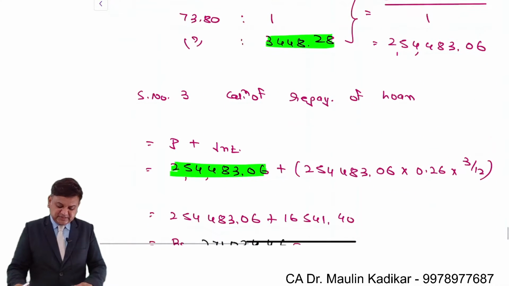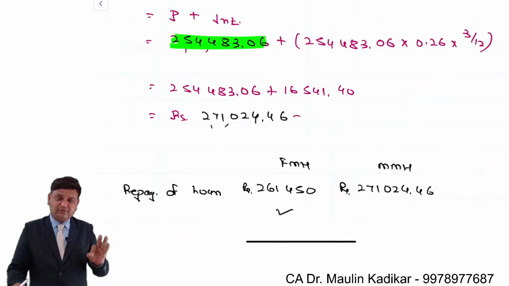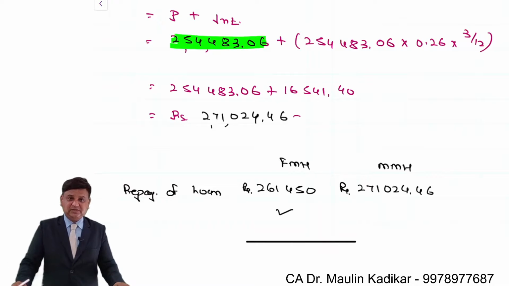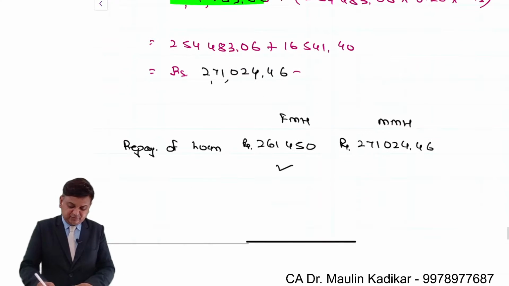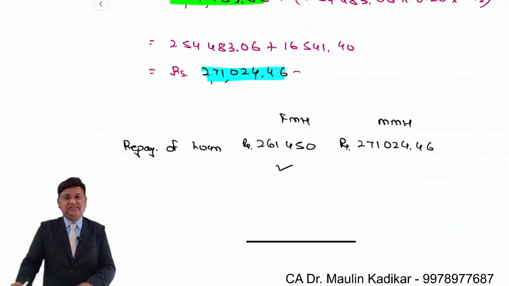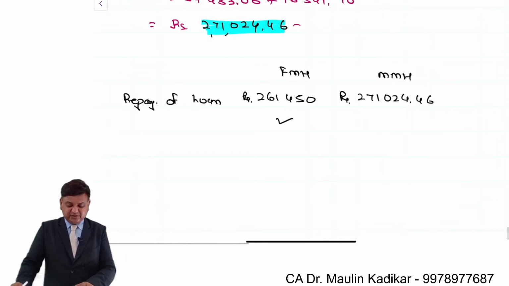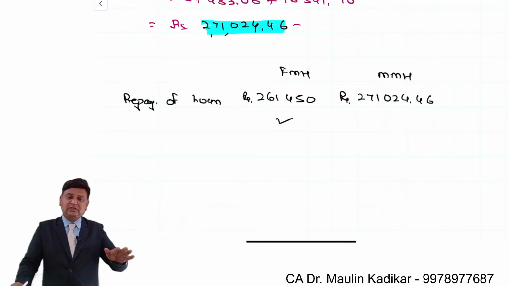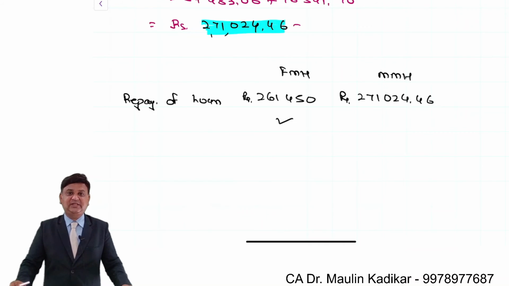The amount of rupees we have borrowed, 2,54,483.06, has a repayment of 271,024.46 at the end of the 3 months. In both alternatives, the foreign exchange risk is nullified, so we understand that we are able to have complete hedging.